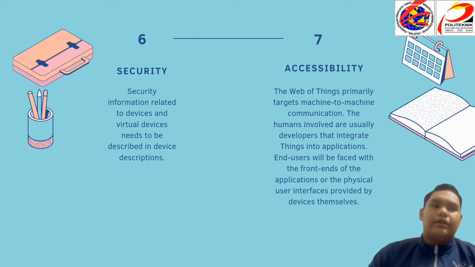Both are out of scope of the W3C WoT specification. Given the focus on IoT instead of users, accessibility is not a direct requirement and hence is not addressed within this specification. There is, however, an interesting aspect on accessibility.